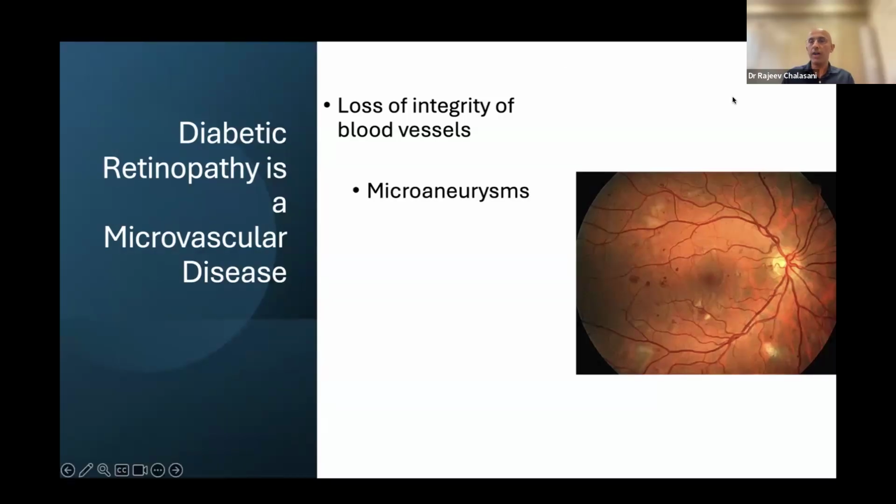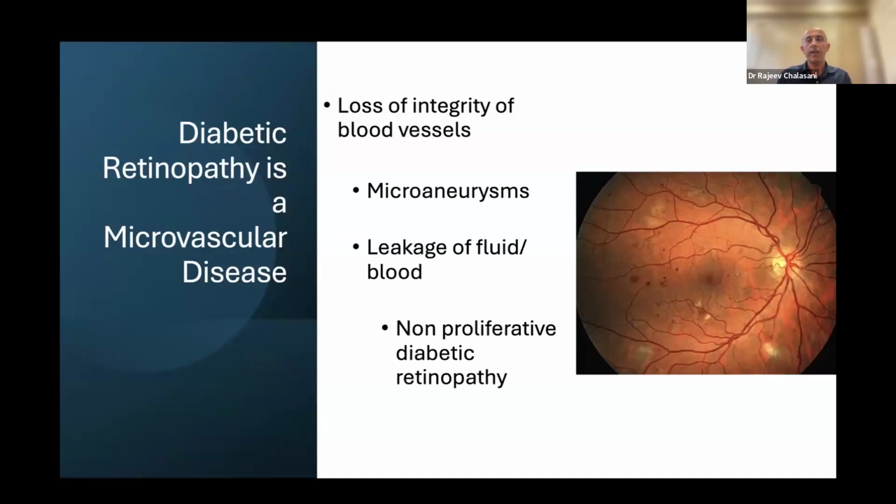And so what happens? We have this stepwise change in the retina that occurs. We see initially what we call microaneurysms, which are these little red dots that start to appear in the retina. These are little outpouchings or weakenings in the wall of the capillaries in the macula. And then, not surprisingly, over time, the blood vessels in the retina start to lose their integrity.